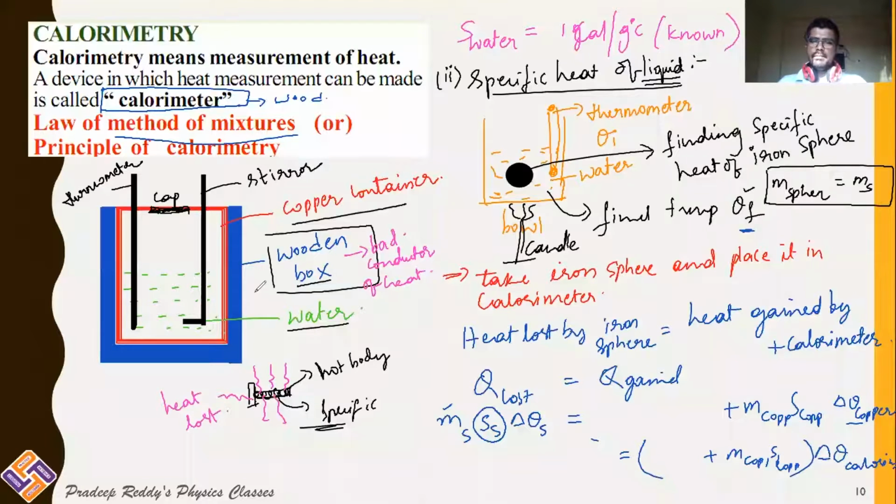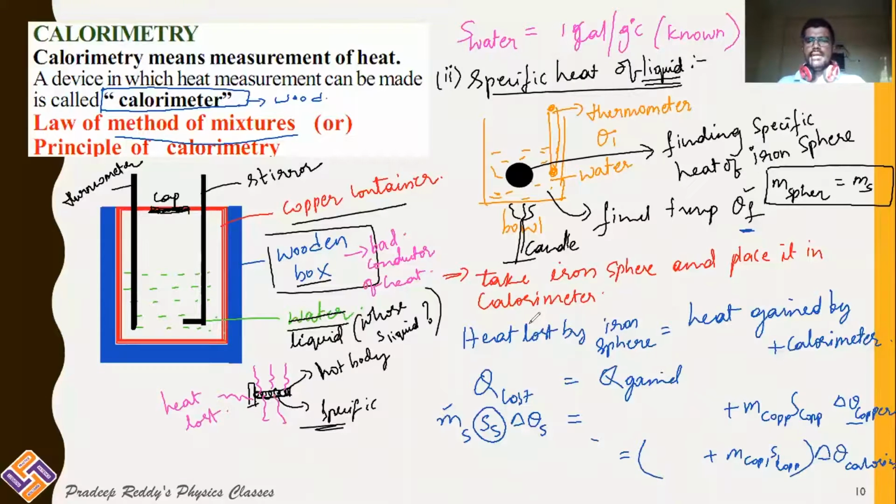You will replace this water with the liquid whose specific heat is unknown. I want to find out the specific heat of the liquid. That material I am placing inside the calorimeter.